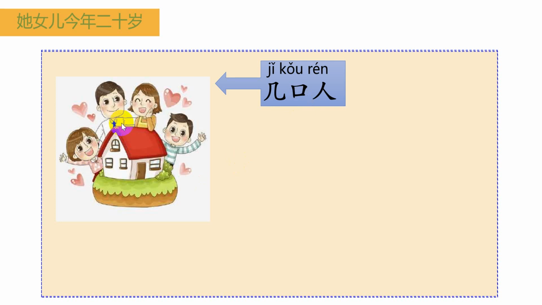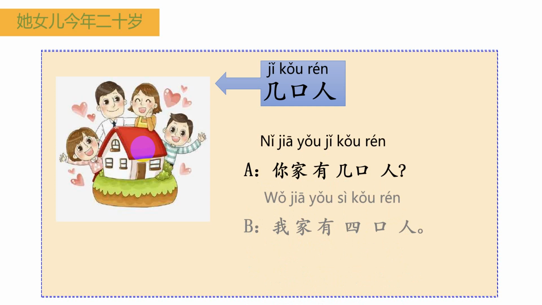For this picture, now if I want to ask how many people are there in your family, we will use the word there be. Did you remember the verb we just talked about? 有. Yes, good. 有. So how many people are there in your family? This one, 5. 你家, yes, 你家, in your family, 有, and 几口人.